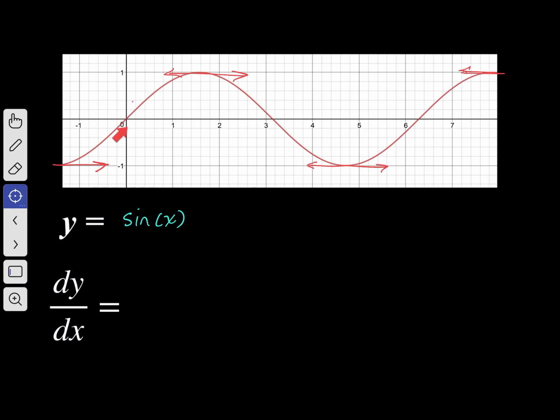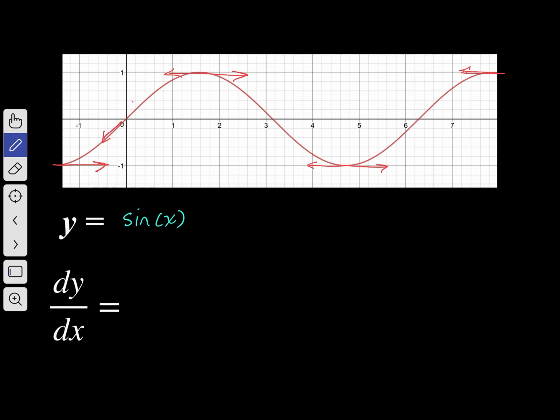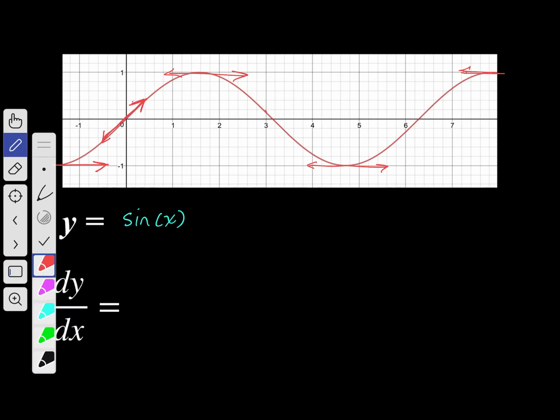And then this little piece right in here, this slope is 1. If you were to draw a tangent line to the graph, your slope would be 1. And this little piece right here, your slope is going to be -1. And see the graph. And then, again, a +1 slope.